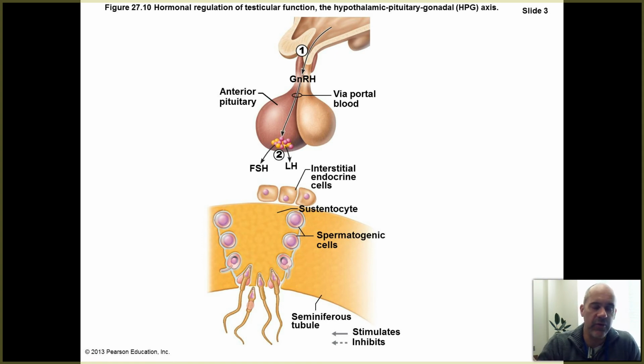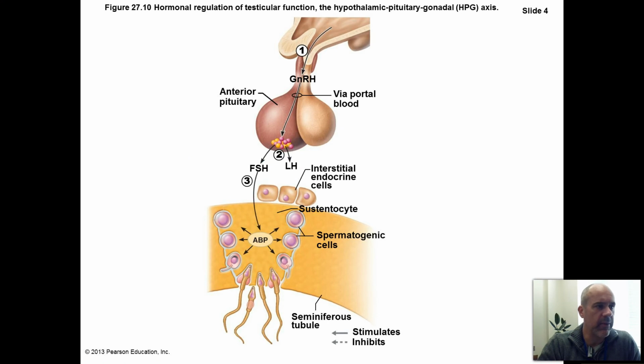And there are cells in the anterior pituitary that produce follicle stimulating hormone and luteinizing hormone. So GnRH stimulates secretion of those two hormones. Those hormones travel through the blood. Their targets are going to be in the testes in a male. Okay, so here's what FSH is doing.